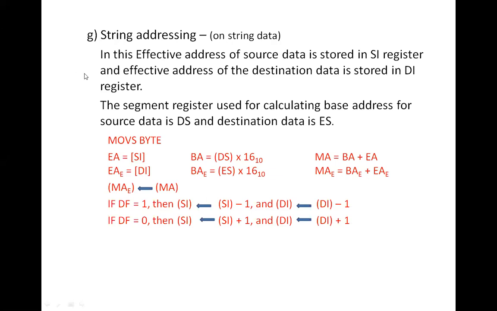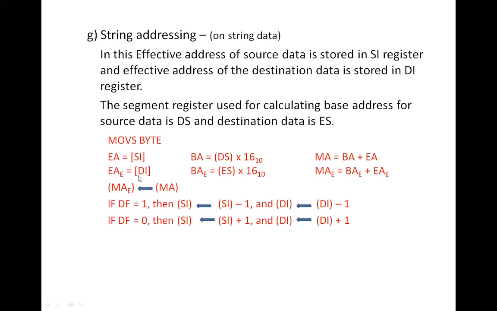So how will we calculate the address of the source? The effective address will be given by the SI register. The base address will be given by the data segment, and the memory address will be created by adding the base address and the effective address to get the source address. For the destination memory address, what is the effective address?